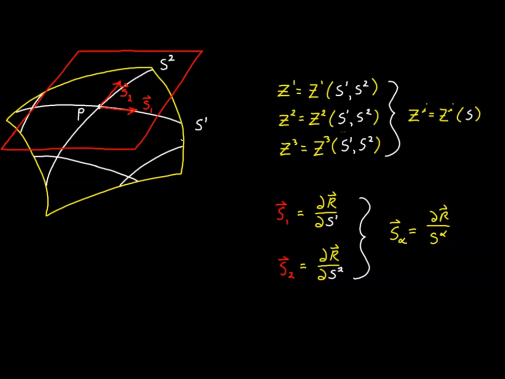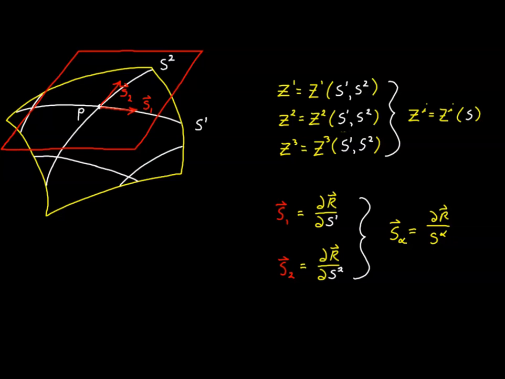So the tangent plane is that plane that is tangent to our surface at point P. And since the basis vectors are tangent to the coordinate lines, then the basis vectors will lie in this tangent plane. And therefore, the basis vectors become a valid basis for any vectors or tensors that lie exclusively in the tangent plane. But what happens if we have a vector or tensor that doesn't lie in this tangent plane?